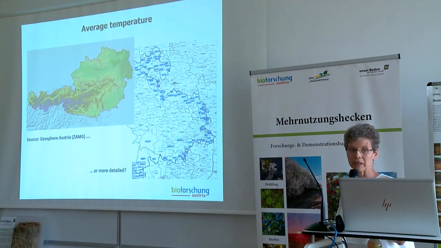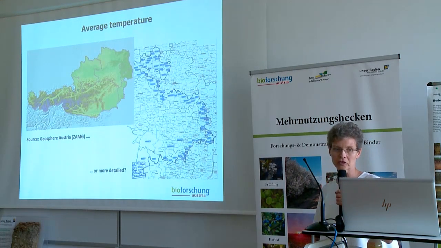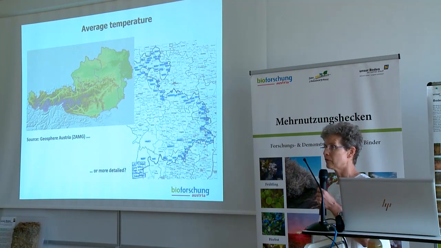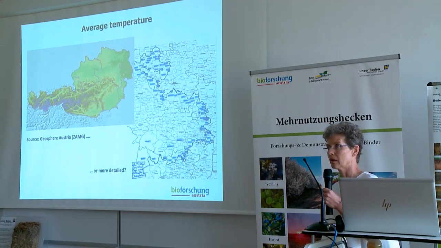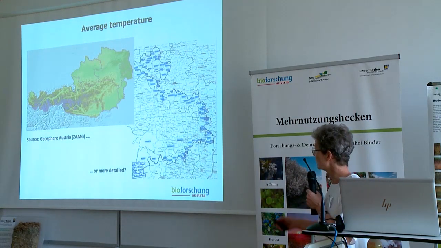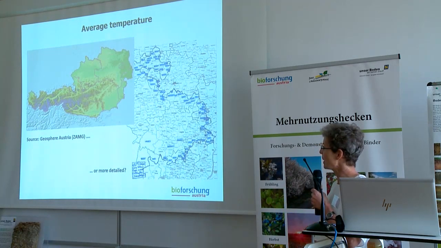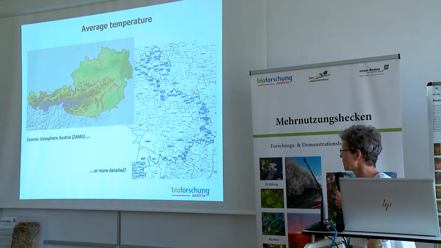And in Austria, we have the Geosphere Austria, formerly known as Zentralanstalt für Meteorologie und Geodynamik. And they have all those climate data, and they produce such climate maps. And in the end, we used this temperature map by the Geosphere Austria.